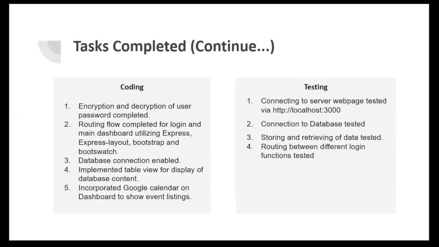So the coding part completed encryption and decryption of user passwords. We were able to create routes for flows between login, dashboard, registration, and such, using Express and Express layout, Bootstrap, and Bootswatch. The database connection script has been completed by Kira.